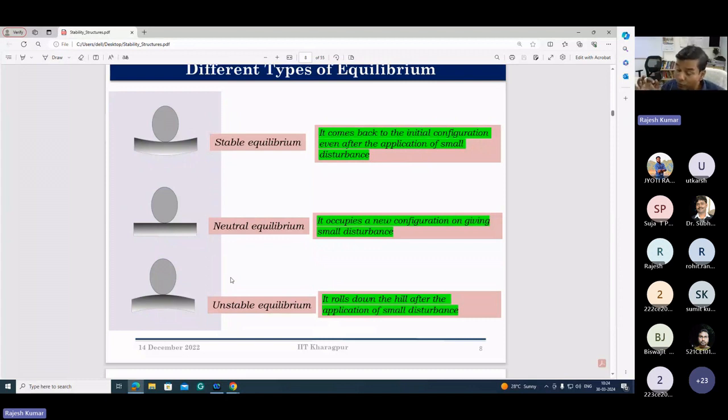In stable equilibrium, when you give a small perturbation to a column or any structural member, it comes back to the original configuration, then these members are stable. When you give a small perturbation and it acquires a different new configuration, that is known as neutral equilibrium. And when you give a small perturbation and you see a large change in deformation take place, that is known as unstable equilibrium.